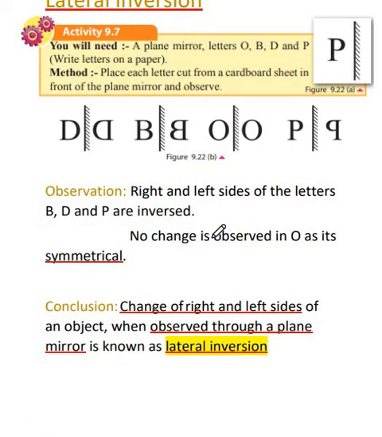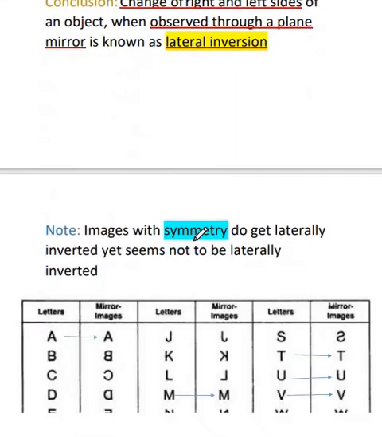But there are some instances when images do get laterally inverted, but it is not clearly observable. This is one such image. Here O is laterally inverted, but when you look at it, it's hard to tell that it's laterally inverted. Okay guys, let's see why.